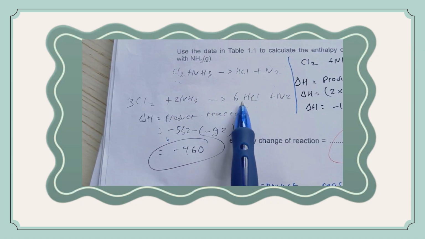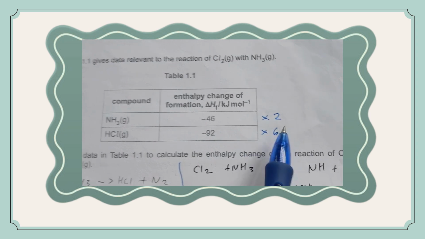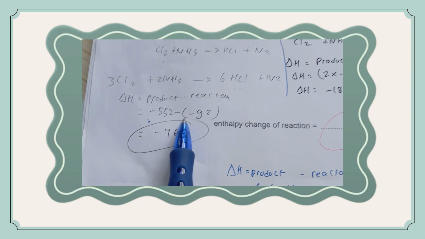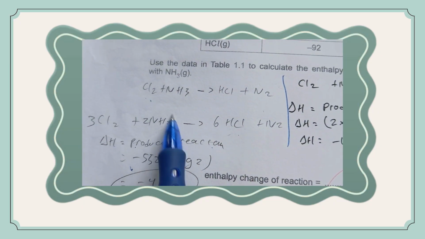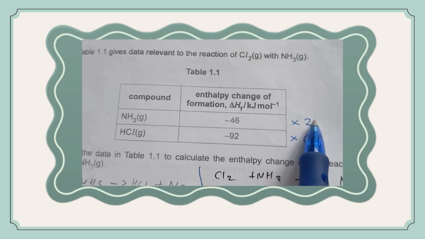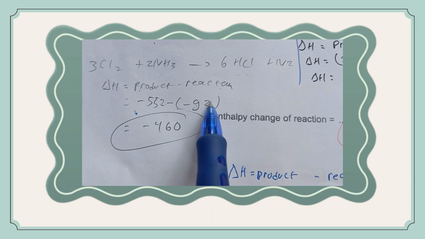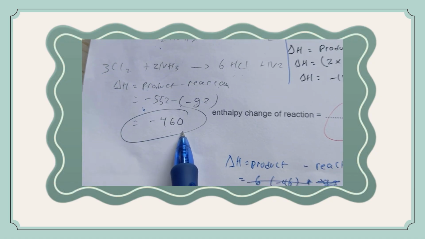The product is 6 hydrochloride, which we know is minus 92 times 6 equals minus 552. We minus it with the reactant, which is 2 ammonia, and we times it by 2. It makes minus 92. Okay, so we calculate and we got minus 460.